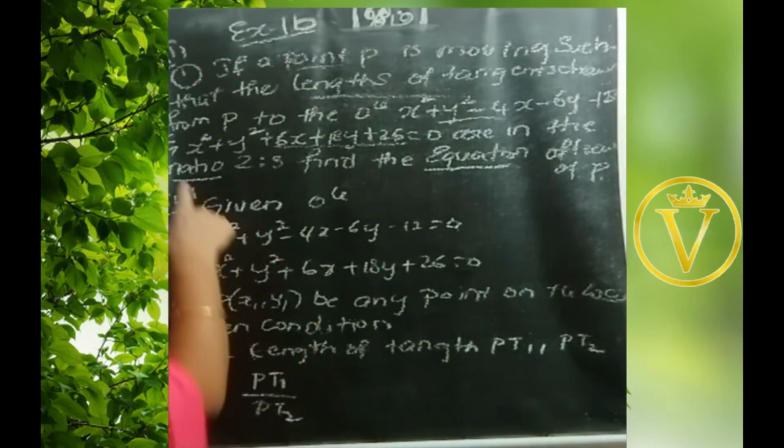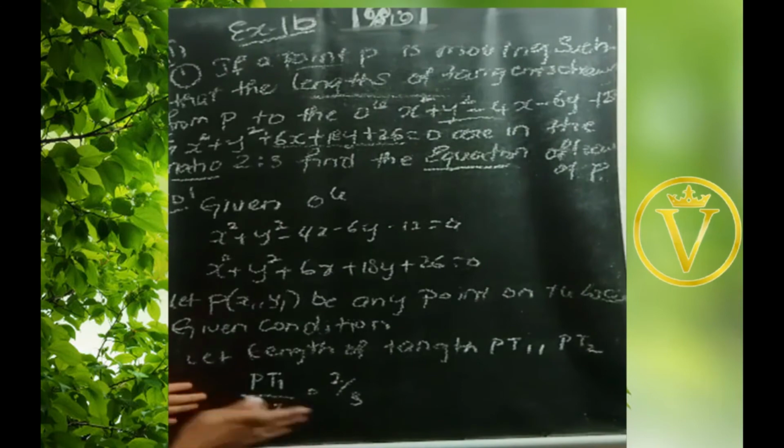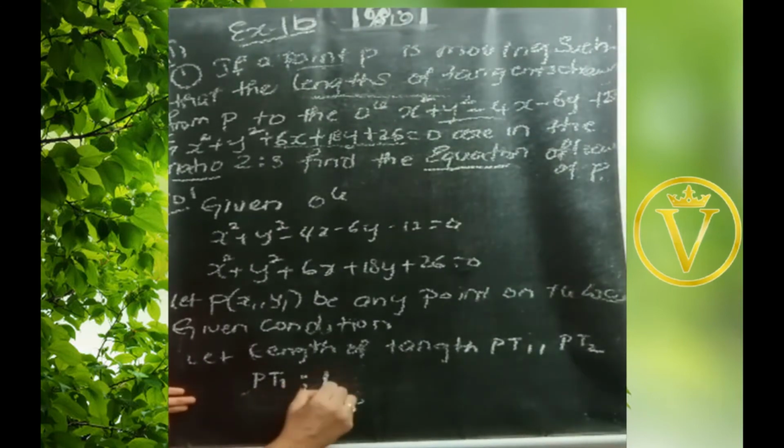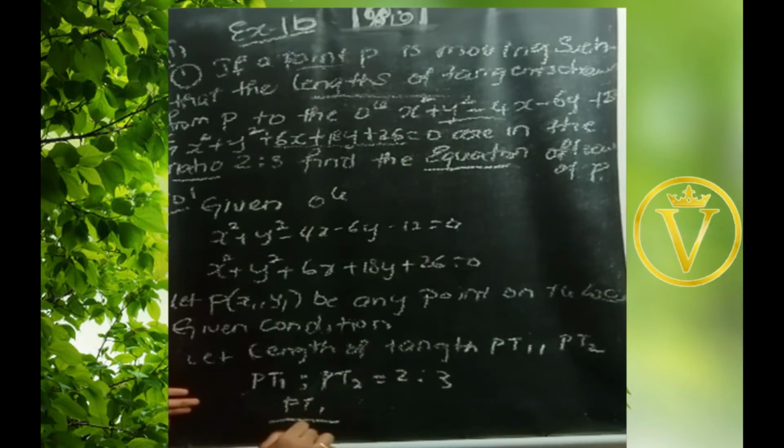PT1 and PT2 are in the ratio 2:3. Actually they have given it like this, PT1 : PT2 = 2:3, and I am writing it as PT1/PT2 = 2/3.